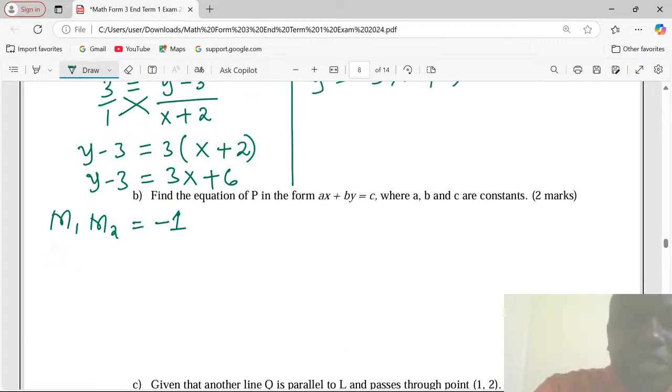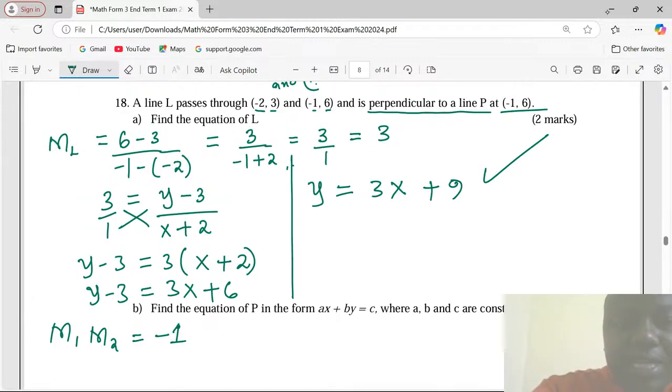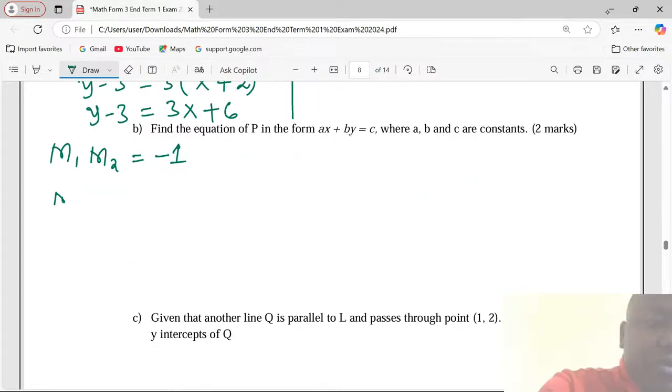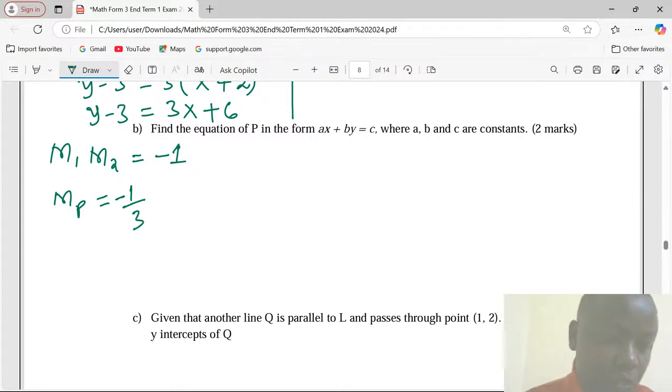Therefore, if gradient 1 is 3, then the gradient for line P is going to be the reciprocal with opposite sign.